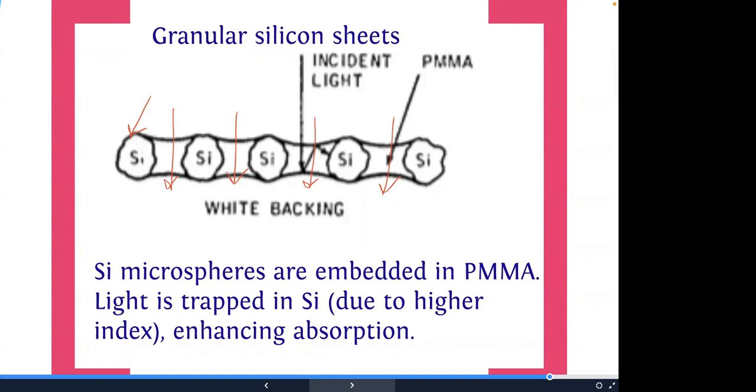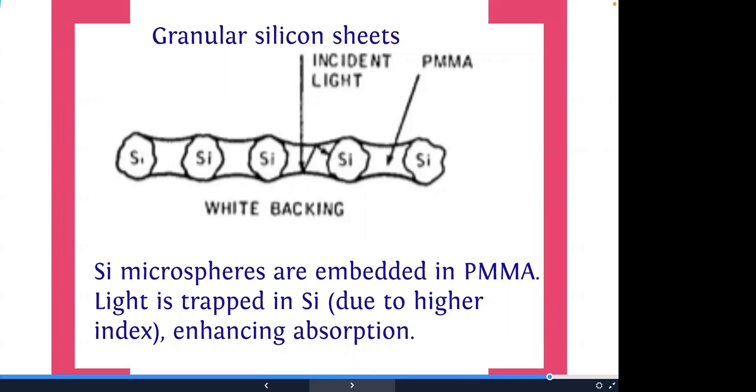However, because of the random nature of the textures, you actually end up with lots of the light trapped within this polymer sheet, and it will end up being absorbed by the silicon solar cell. So what you observe in such a situation is that you get a lot more current than if you did not have that textured plastic and you just have those silicon spheres.